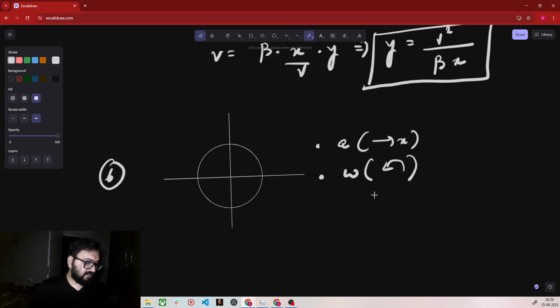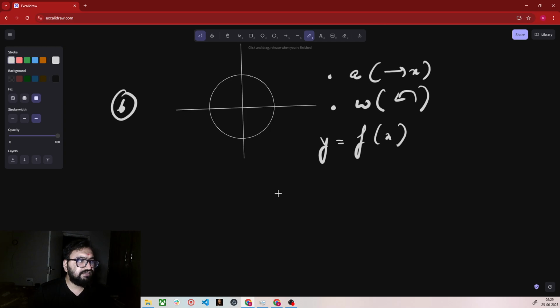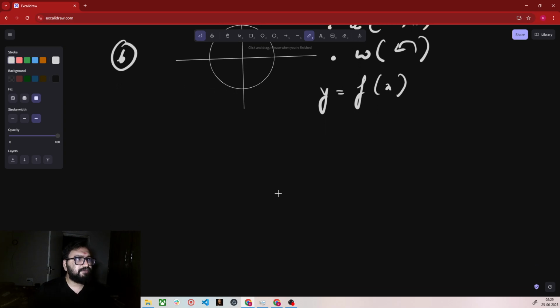In this case, I need to find out y in terms of x, which will essentially be a function of x, just as the previous case. So given this case, let me draw the initial condition.